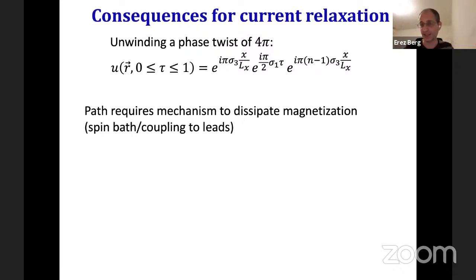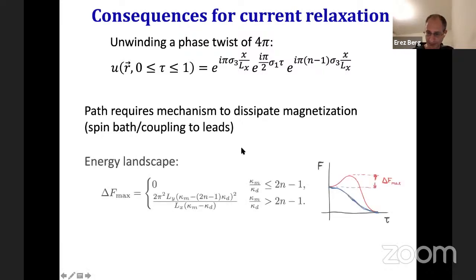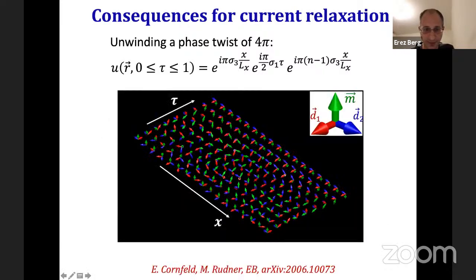If the magnetization was perfectly conserved, that means if the system was completely isolated, then this cannot occur, because if the total magnetization is conserved, we started from a polarized state, and the magnetization just can't change. So this path requires changing, at least in some intermediate state, the direction of the magnetization.